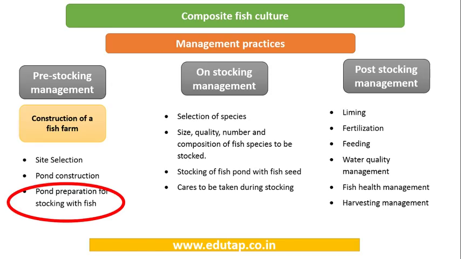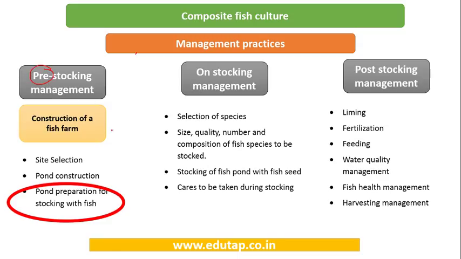Okay, so we are done with a quick revision of what we had seen in part 1 of our live session. Now let us come to today's session. Kindly have a look at this chart. It is going to be a little tricky, but when you look at it, it is very easily categorized. What we were doing is having a look at pre-stocking management.